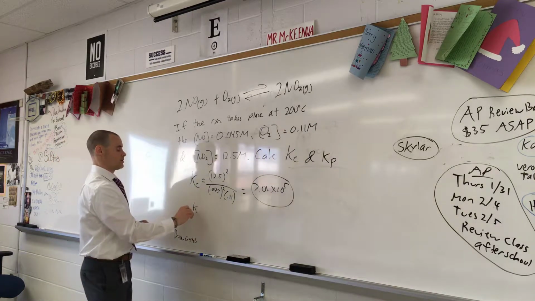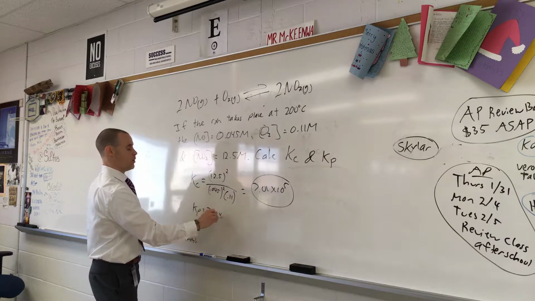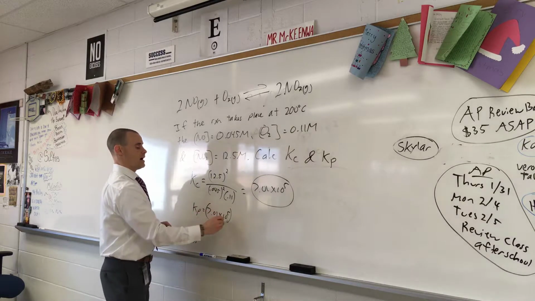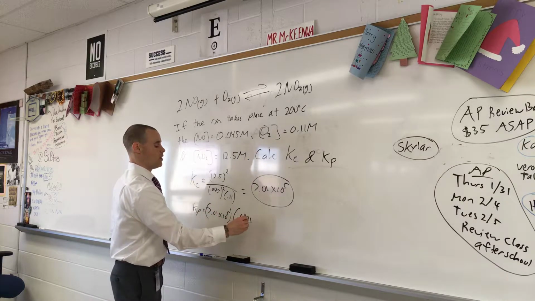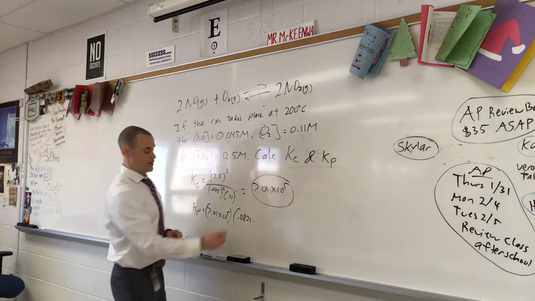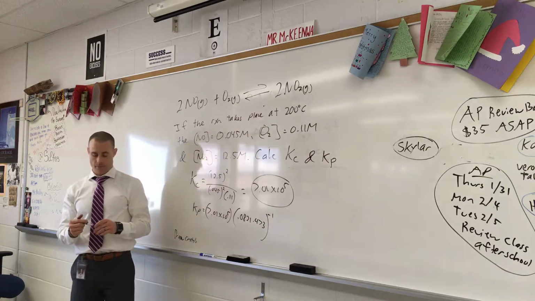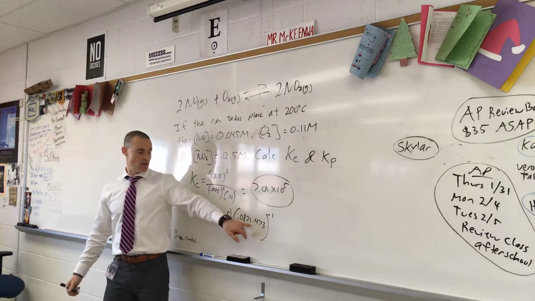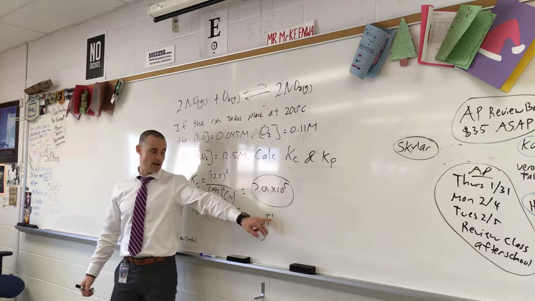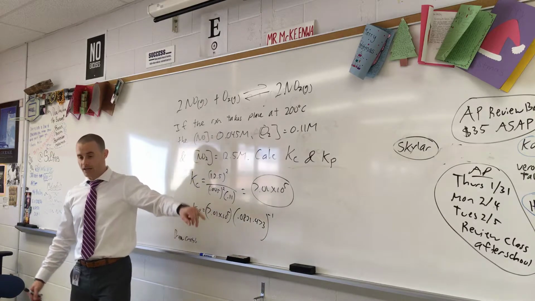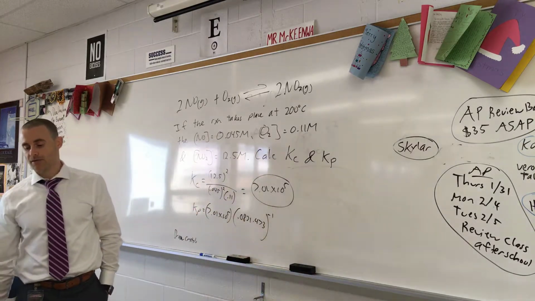Kp equals 7.01 times 10 to the 5th times 0.0821 times 473 Kelvin raised to the negative 1. So 0.0821 times 473 raised to the negative 1 times this number is 1.81 times 10 to the 4th.